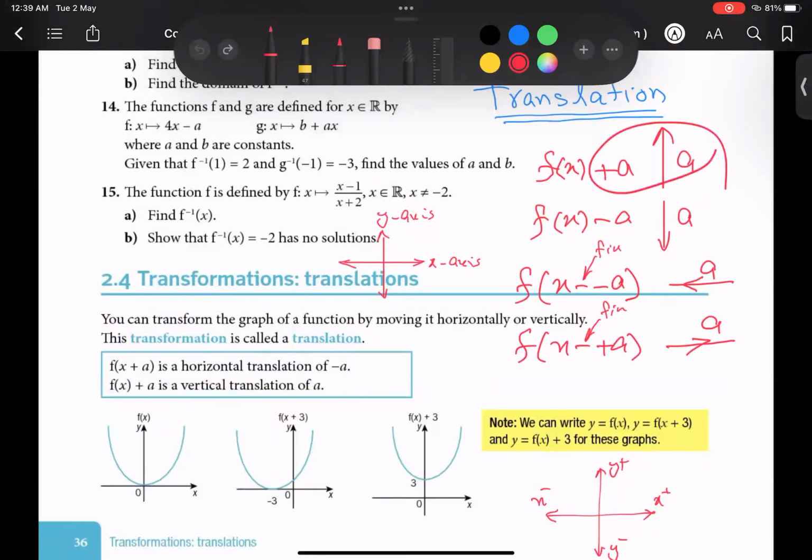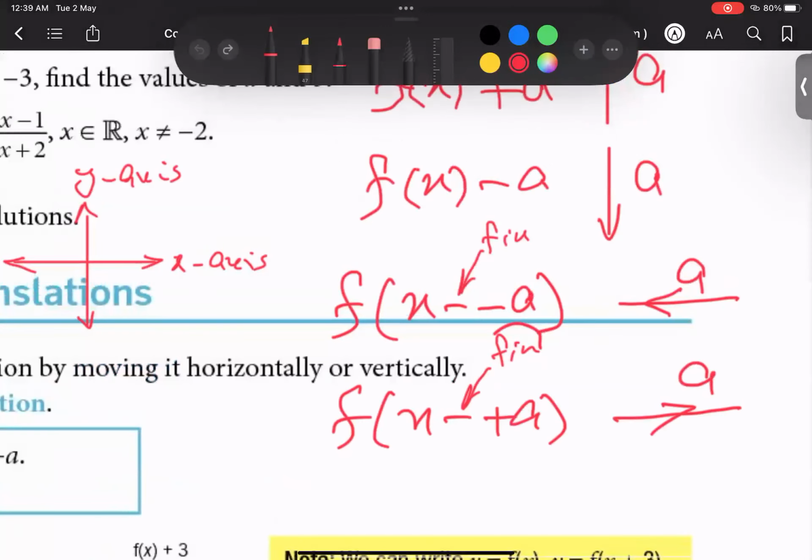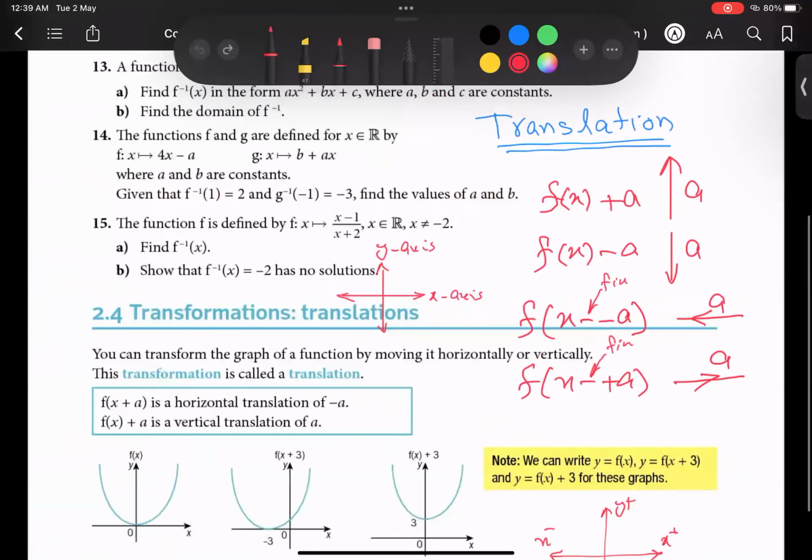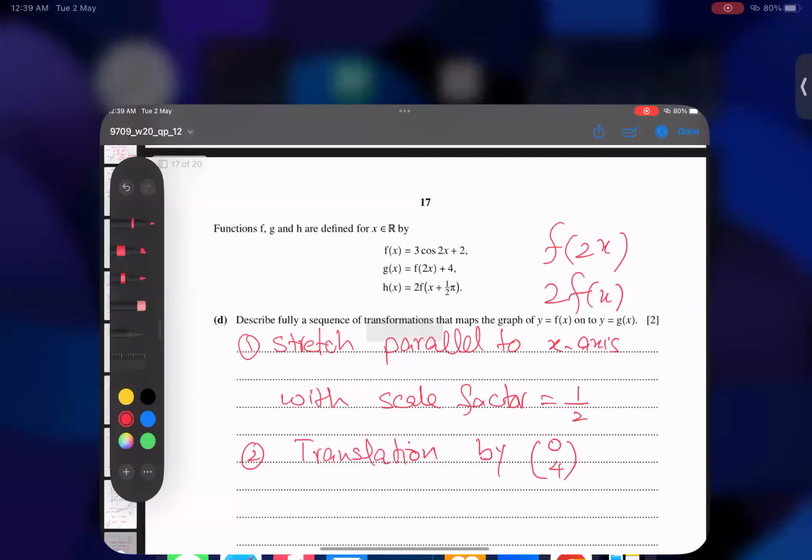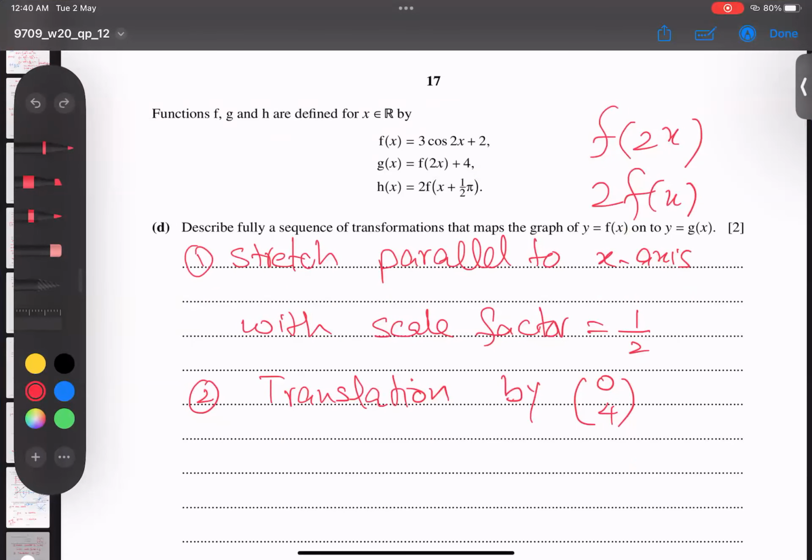You can see plus is upwards. Minus means goes downwards. But for the horizontal, we need this minus sign to be fixed. This minus is fixed. Then this minus goes left side, this plus goes right side. So this is a +4, that is why I said vertically.